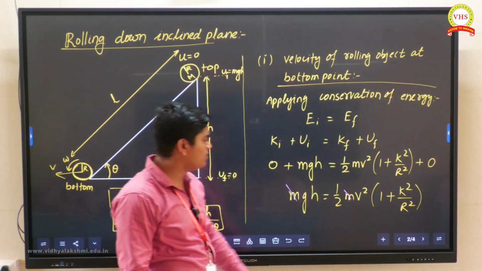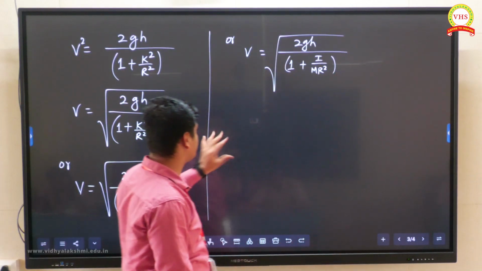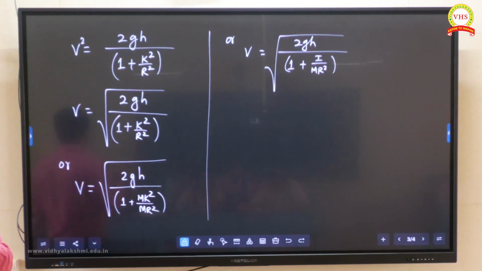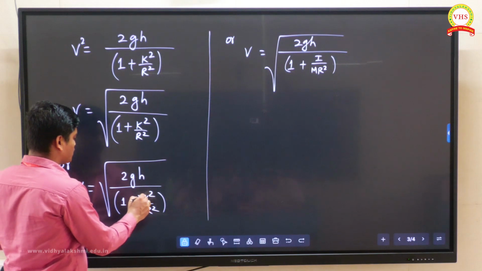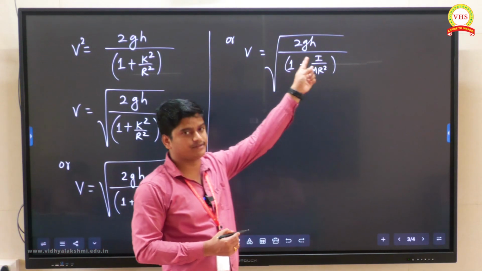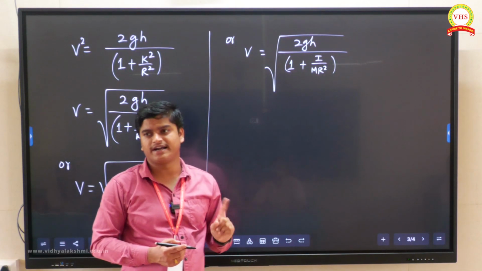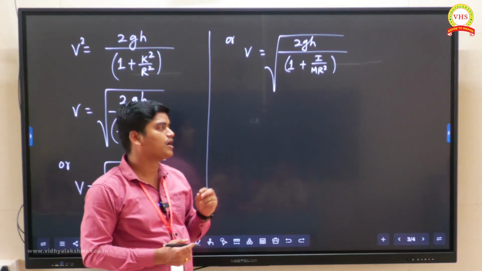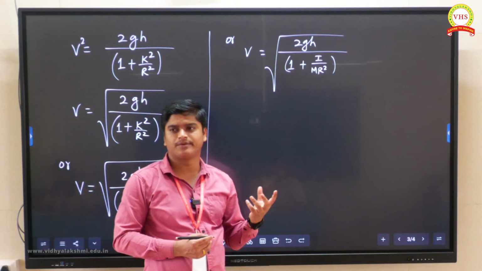Now after finding this velocity, we will try to find the acceleration of the rolling object. Remember here mk squared you can always write as I, but mr squared you cannot always write as I, because the moment of inertia is about a different axis for a different object.